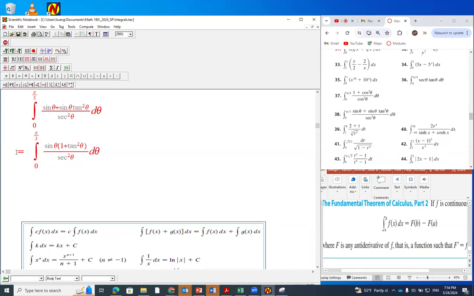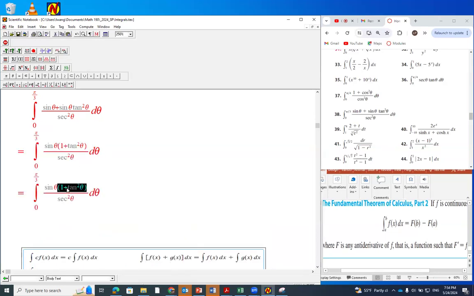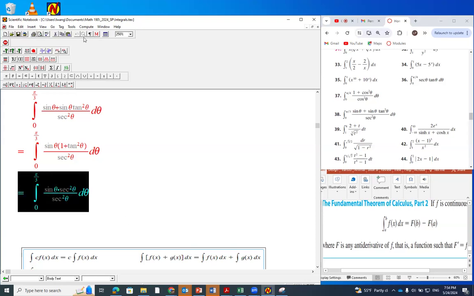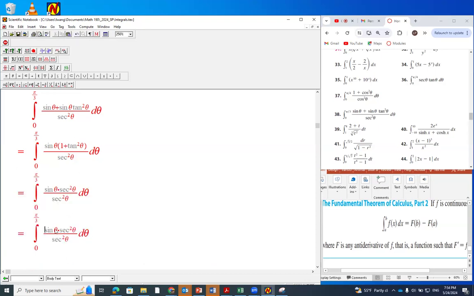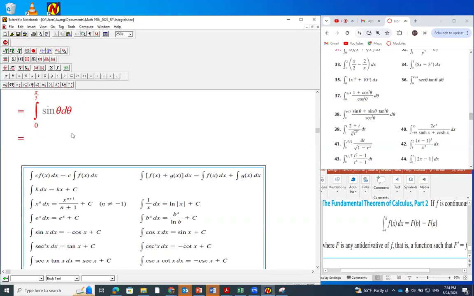And 1 plus tangent square theta is secant square theta. So here we go, we can reduce the secant square theta, and we will only be left with the sine theta. Because we simplified, we're almost done. What's the antiderivative of sine theta? It's negative cosine theta.